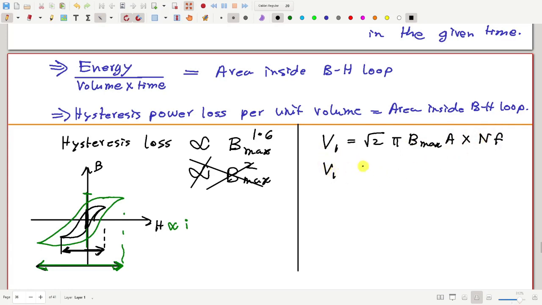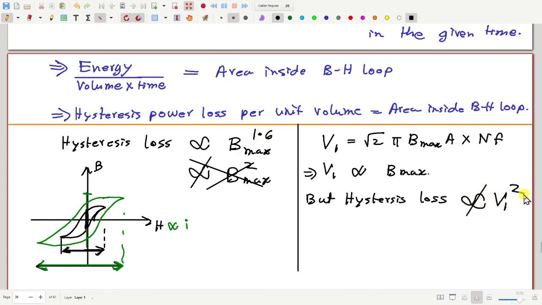So V1 is proportional to B max, but hysteresis loss is proportional to B max to the power 1.6. So therefore, this is not proportional to V1 square.